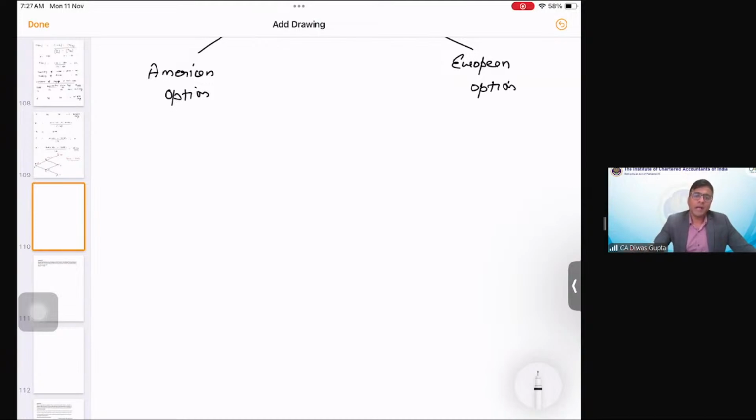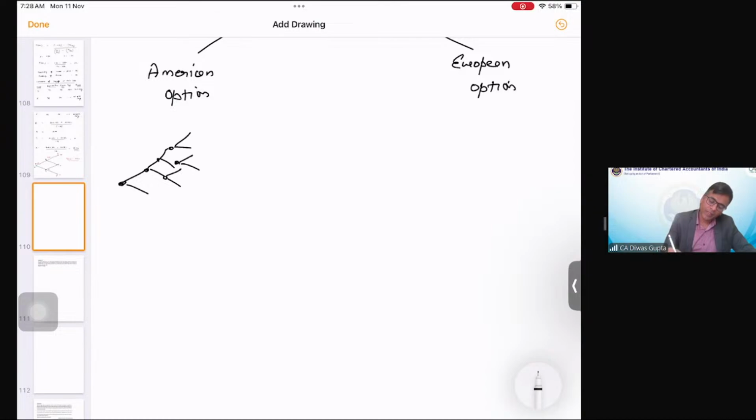Why? Because for American option, you will assume that the increase or decrease is expected every moment. Okay. And accordingly, we can calculate the probability and the present value of such payoffs, just the way we calculated in the above question. So let's say it will have multiple increase decreases attached to it.